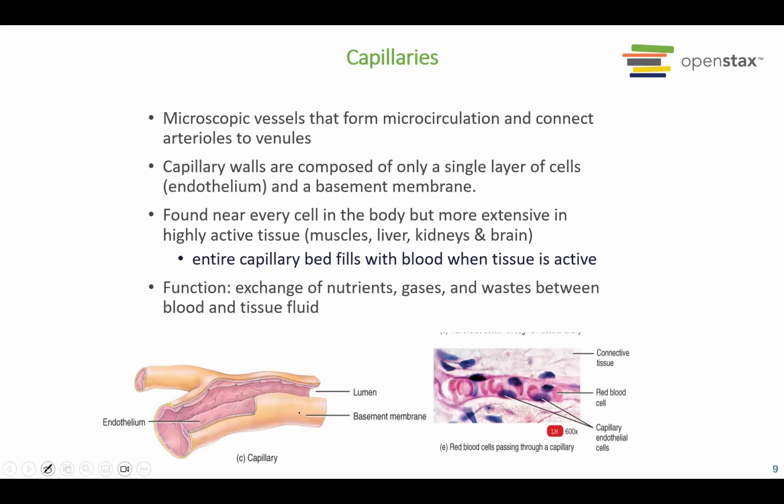So these are capillaries, microscopic vessels that form the microcirculation that connect the arterioles and the venules. This is under the microscope. You see the endothelium, red blood cell, etc. It will deliver hormones and nutrients like glucoses, amino acids, lipids, fatty acids, and many more. They will be exchanged in this capillary.